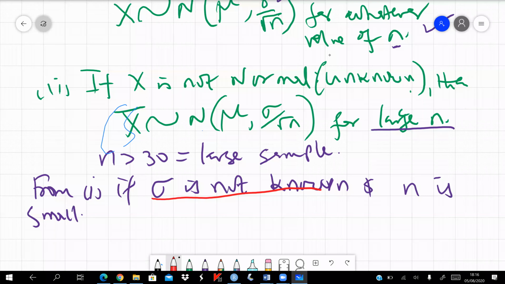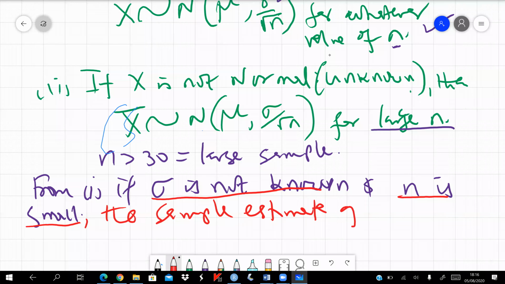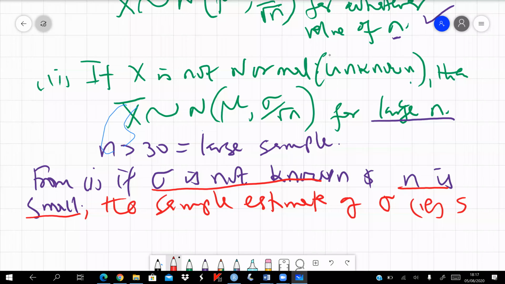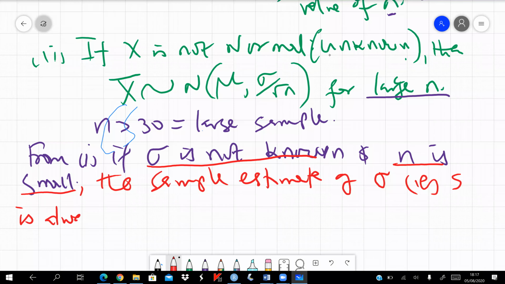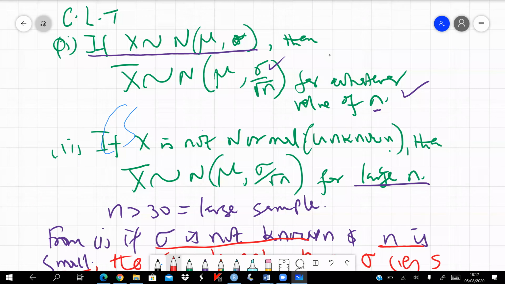But here there's a problem. If n is small, the sample estimate of sigma, that is S, is always biased. So there's a problem with the first statement if sigma is not known, because this is a population standard deviation.